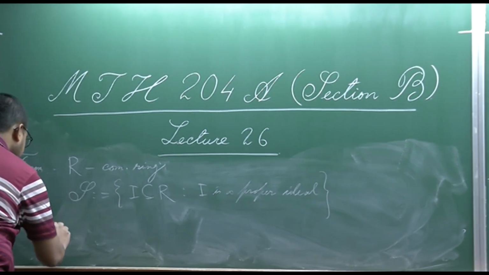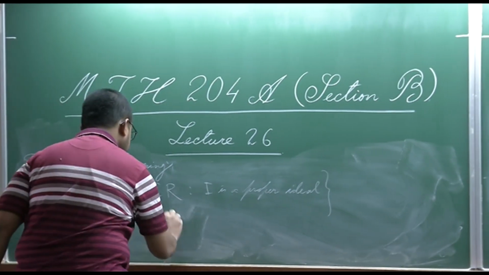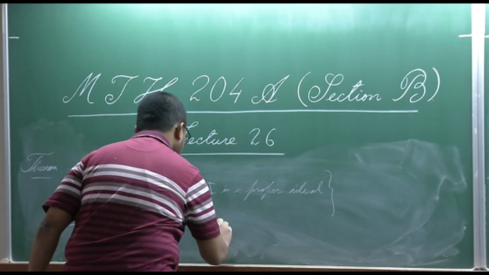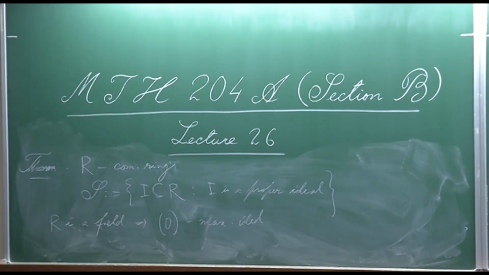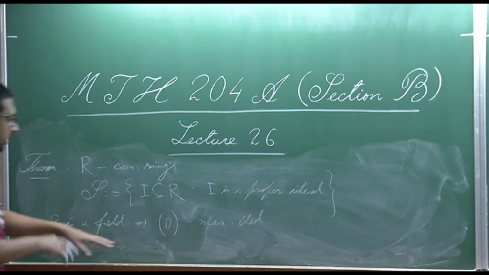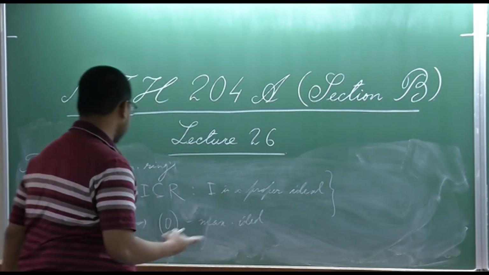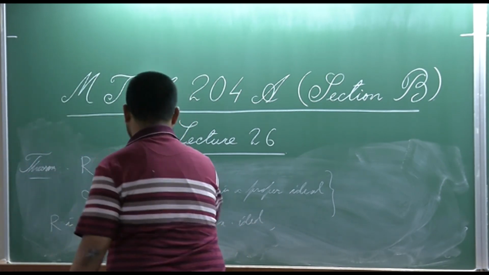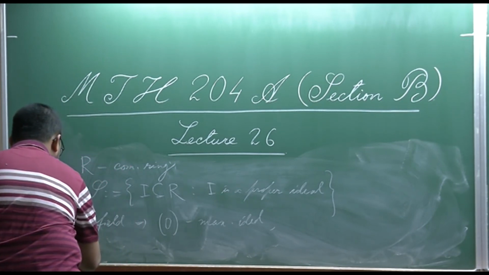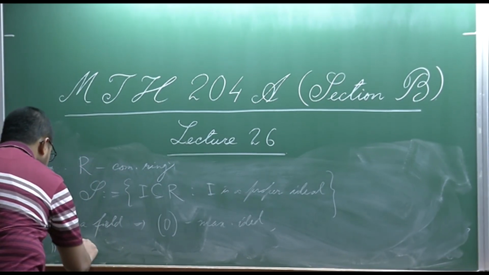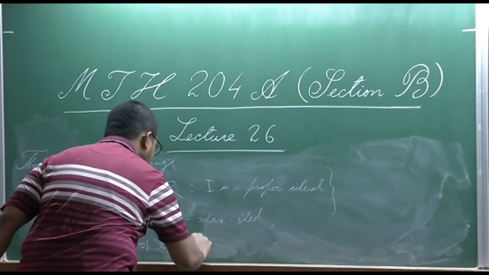So, if R is a field, then certainly this is going to be a maximal ideal. So, our purpose is served, and if R is not a field, then S is non-empty. Okay.